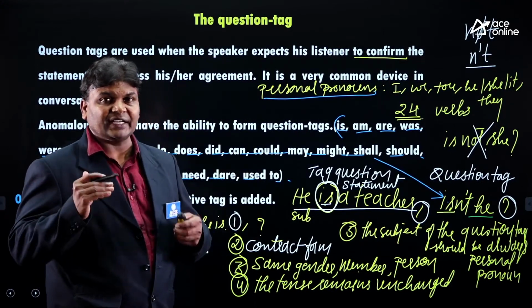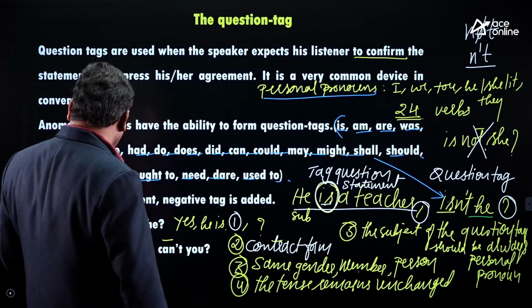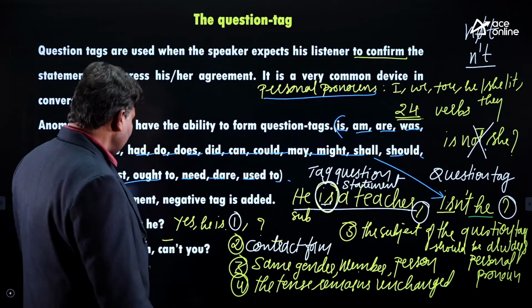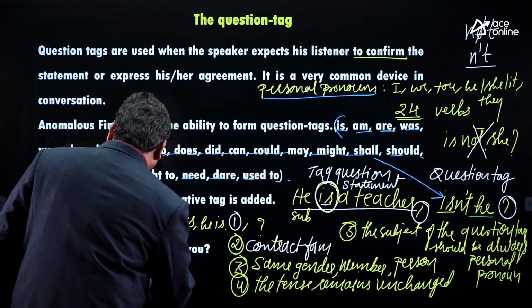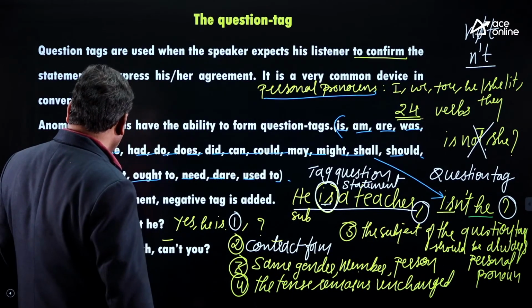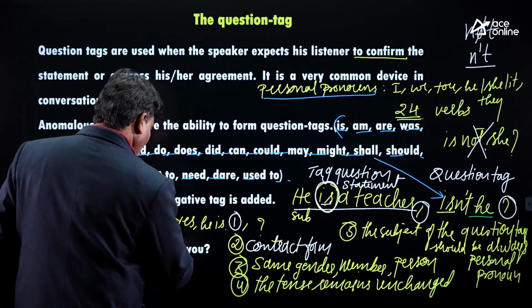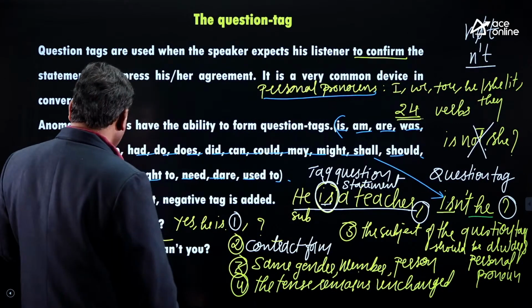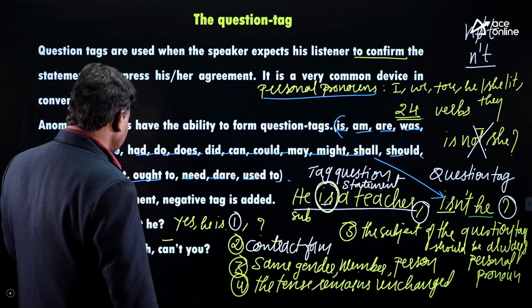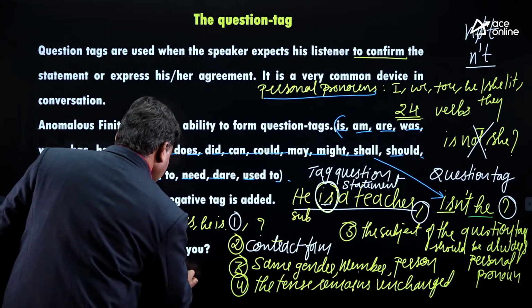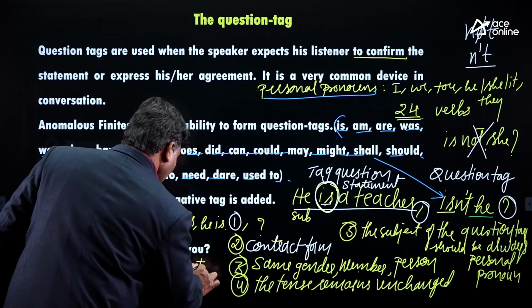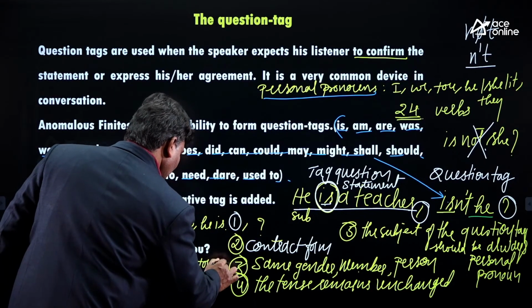Sometimes they seek an answer also. For example, you can speak English, can't you? Yes. So the answer is positive here. Positive, negative; your answer also should follow, for example, yes, you can.